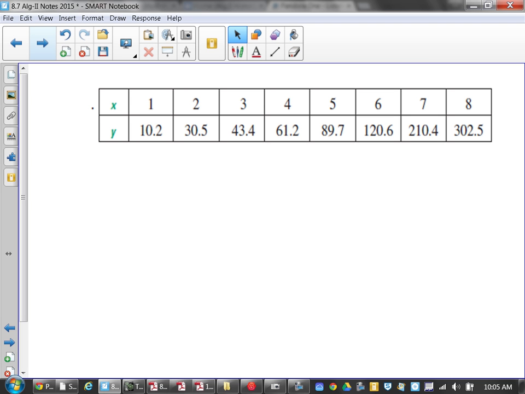Then you have to change your window again. Did you get something that looked linear? You have to keep readjusting your windows. Your smallest value here is 0.47, so put in zeros, then you go up to 4 for your Y values. For X values, you're at 0 to 10. And then it's just a matter of going back to the regression.